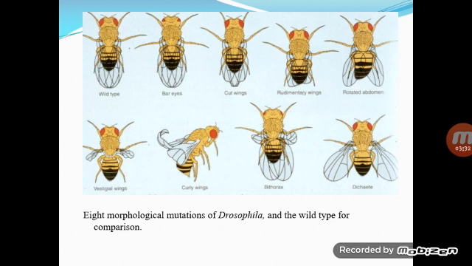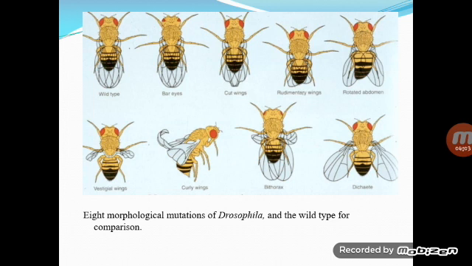Overall 9, but we make a difference in 8 morphological mutations, and the wild type for comparison. 8 are the morphological mutations and the ninth one is the actual wild type Drosophila, which is the first one on top left.